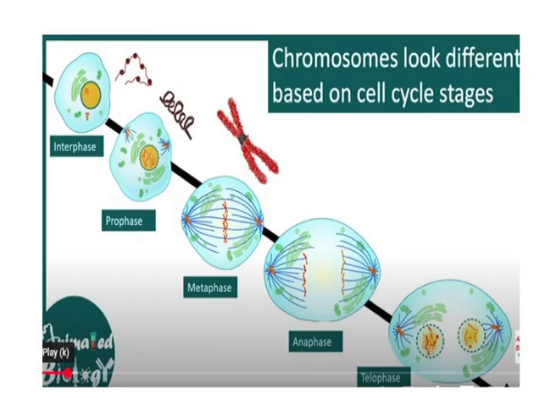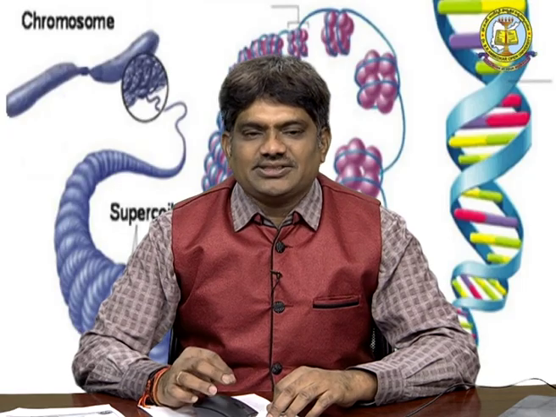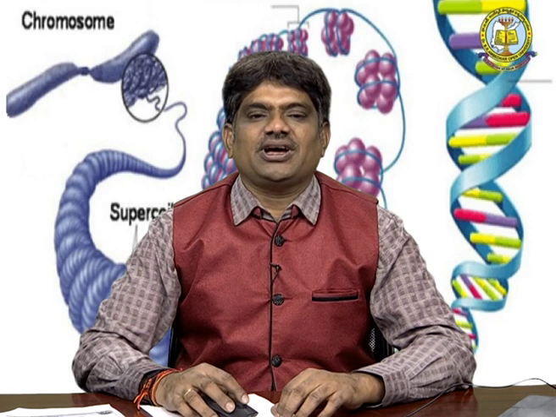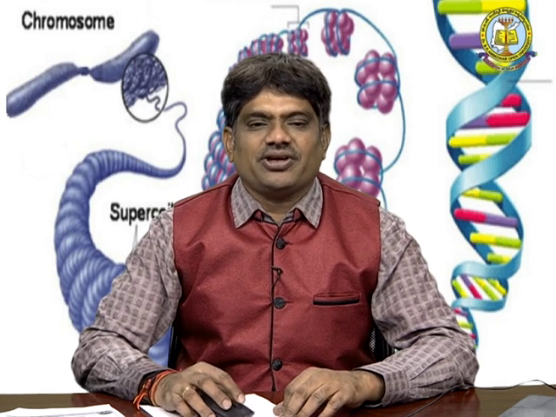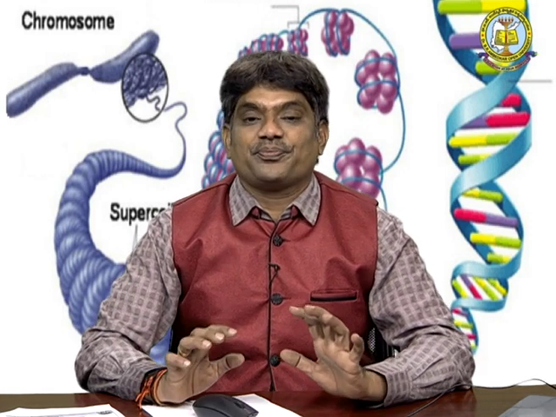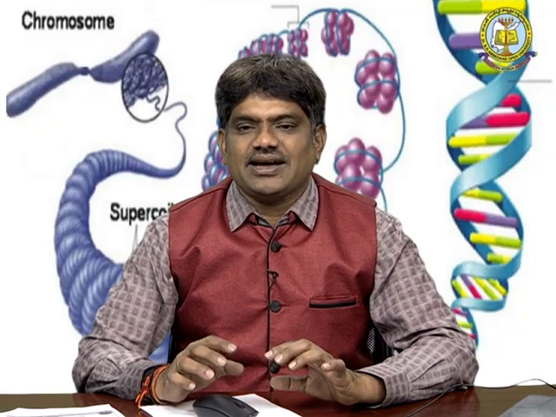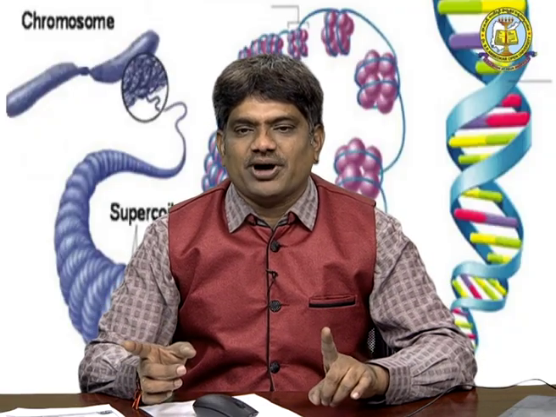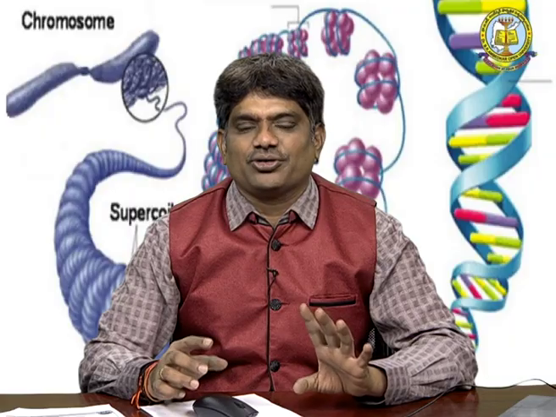Each of the two thick fibers is called a chromatid fiber. The two chromatid fibers are condensed and joined at a specific structure that we call the centromere. It is at the center, it combines the two chromatid fibers, that is why it is called the centromere.